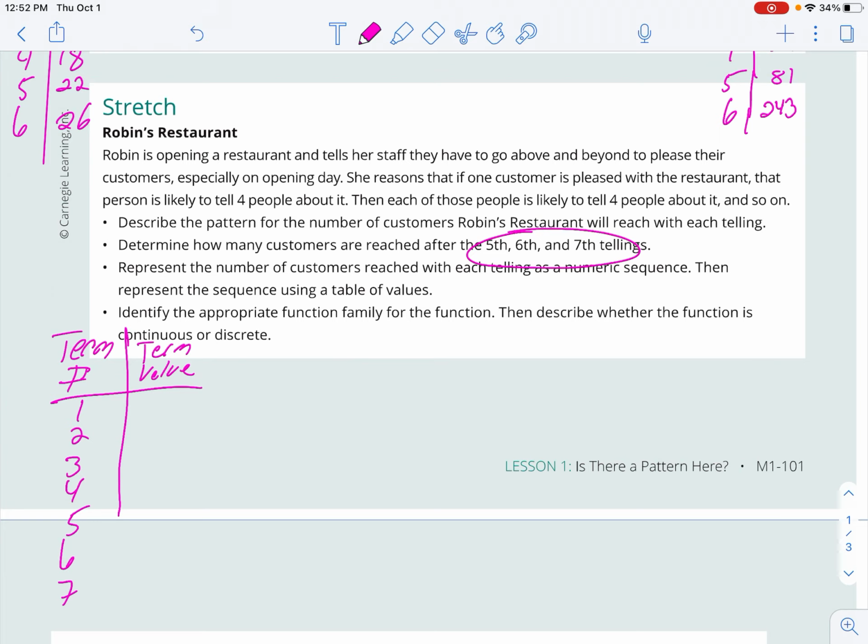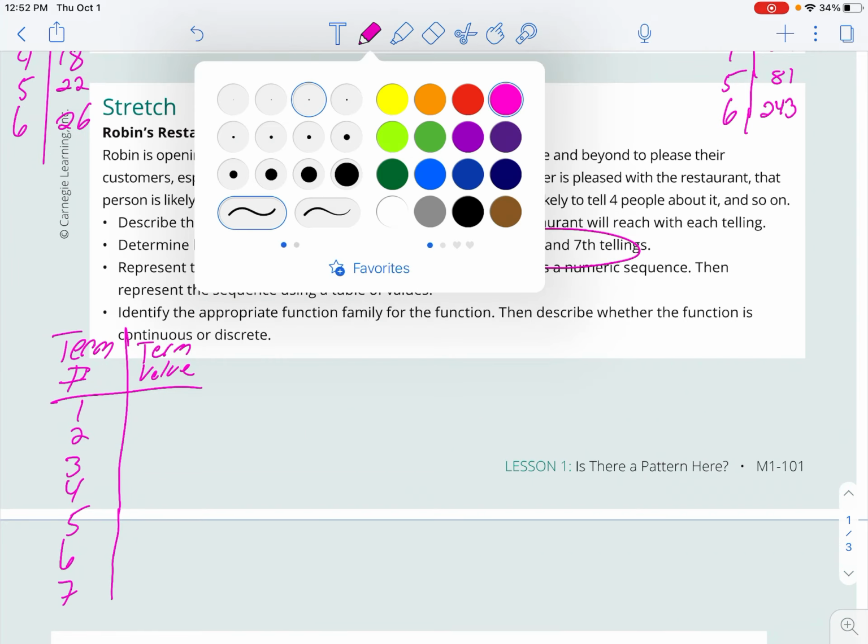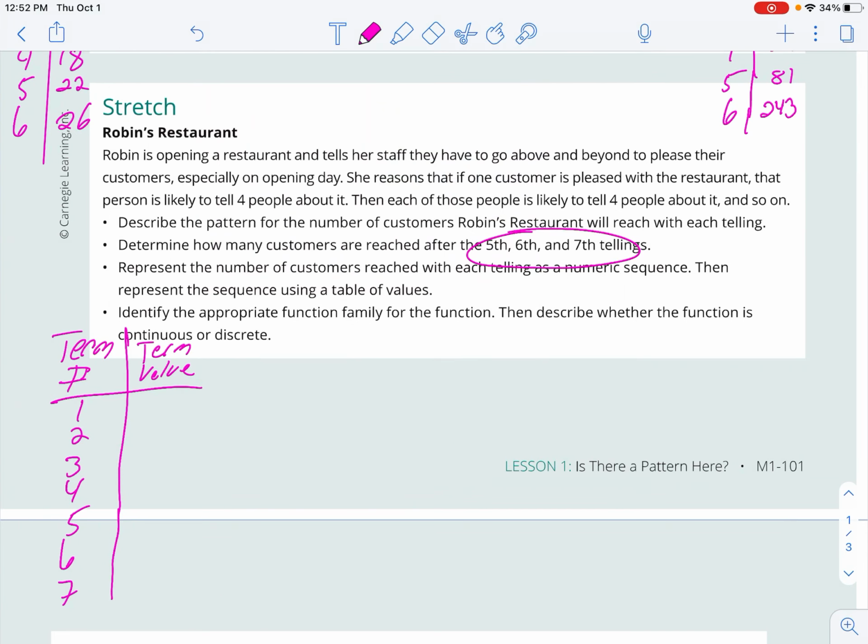And we want to figure out by the time they get to the 5th, 6th, and 7th tellings, where we are in terms of the amount of people that know. So after the first telling, she reasons that likely 4 people are going to know, okay? And those 4 people will start telling 4 other people.